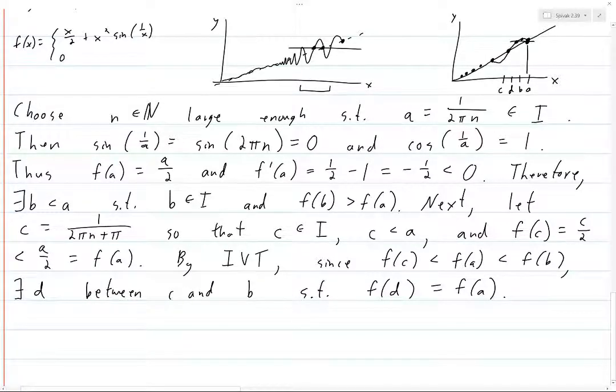It could be possible that it oscillates a whole bunch more than we're expecting, and so B could actually be further to the left than C, but it doesn't really matter. So I just wrote between C and B rather than C less than D less than B. But anyways, it's not really important.